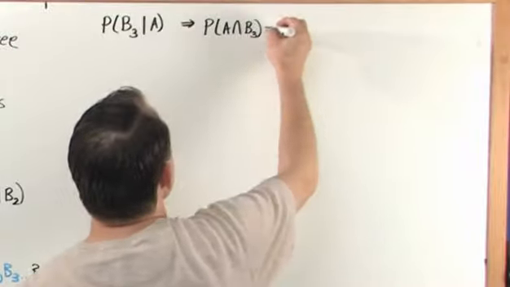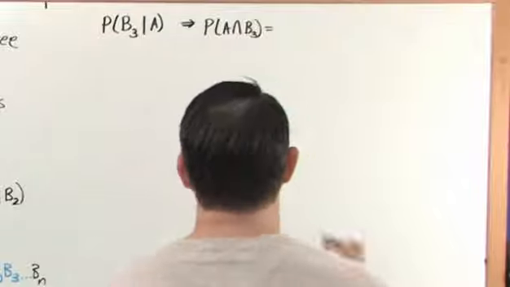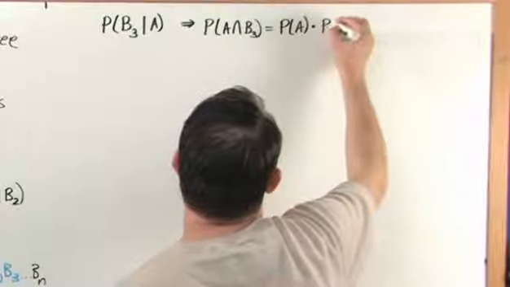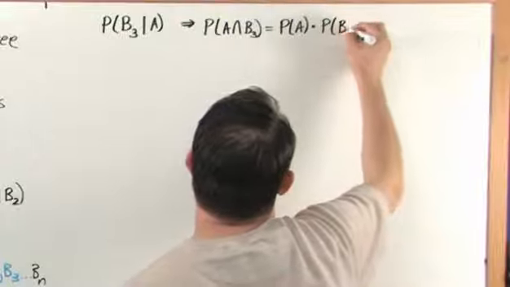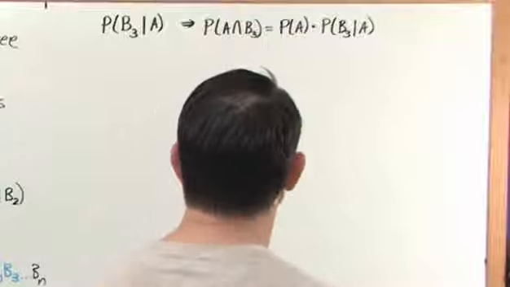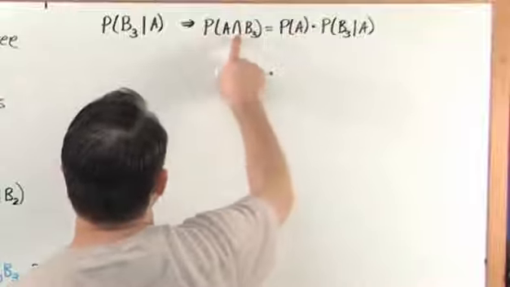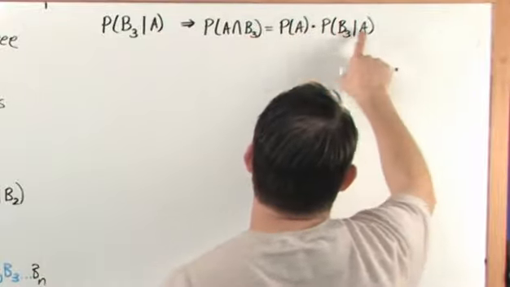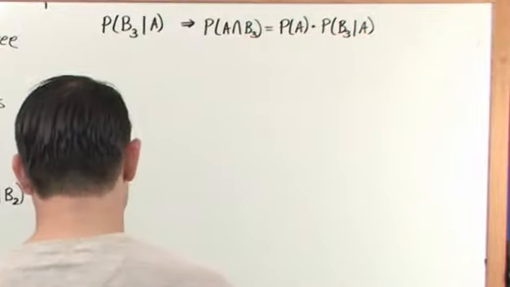And we know from the last section on conditional probability that this is equal to the probability of A times the probability of B3 given that A occurred. This just comes from the last section and all those problems we did. Probability of A and B3 is equal to the probability of A times the probability of B3 given that A occurred. Okay?